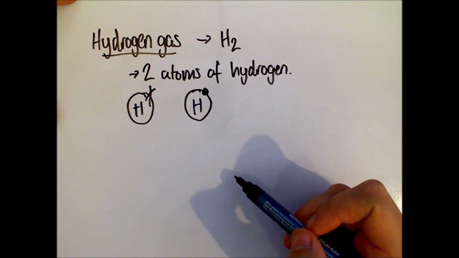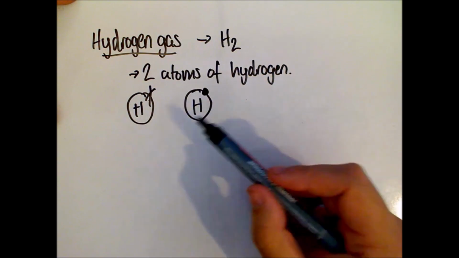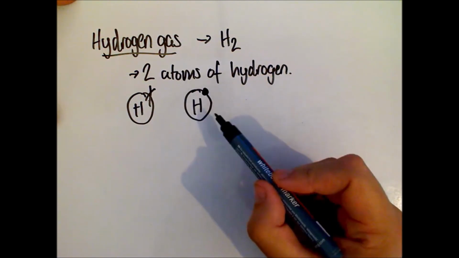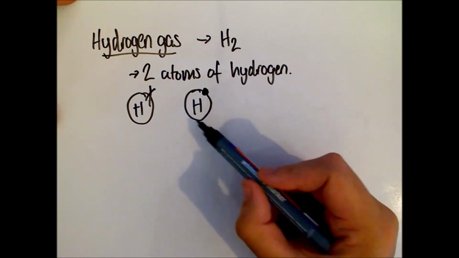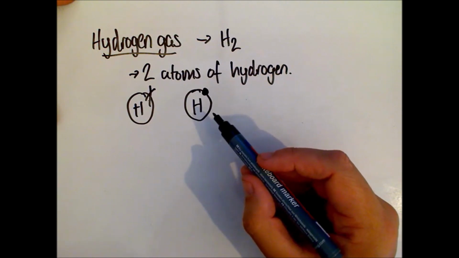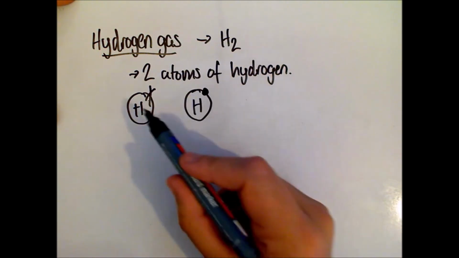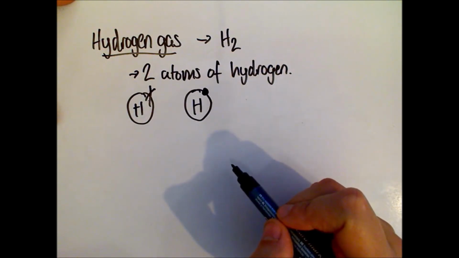They're still the same thing, they're still an electron. Now this is similar in the sense that our atoms are just more stable when they have that full outer shell. Hydrogen only has that 1 shell, so for a full outer shell it needs 2 electrons there. So each of these atoms is missing 1 electron to make up a full outer shell.